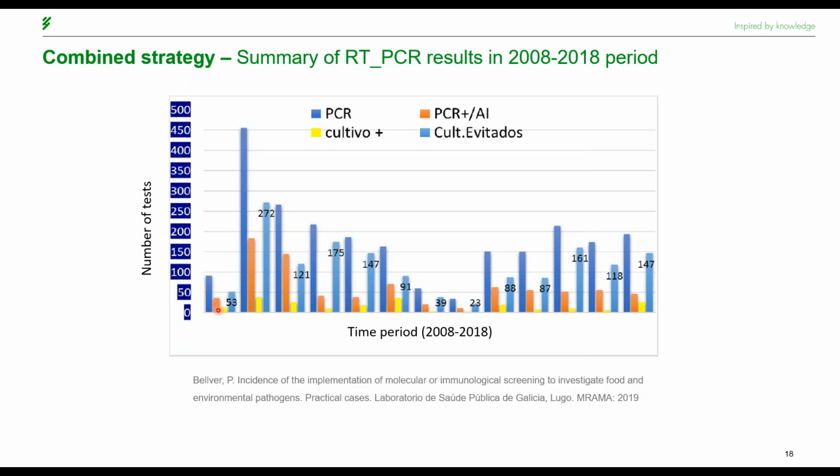These then must be confirmed by the culture. So in yellow, we have the positives of the positive PCRs, meaning of the almost 100 samples, we have avoided 53 cultures. 53 culture procedures were avoided by using this joint approach.